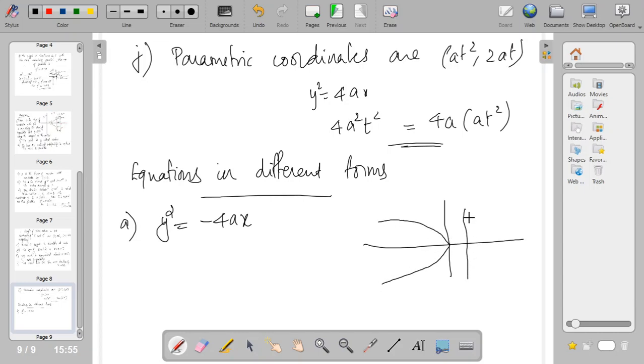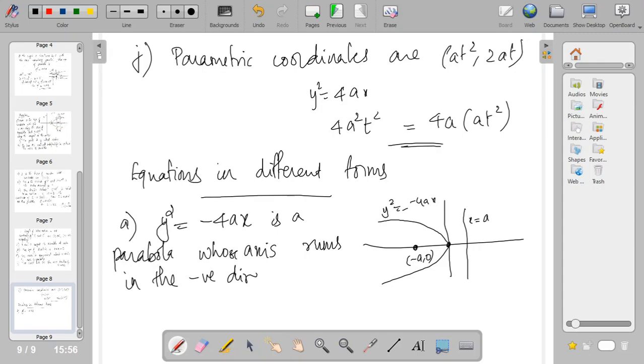But the directrix will be x equal to a, and the focus is minus a, 0. So this is y square equal to minus 4ax. This is the vertex. So the parabola y square equal to minus 4ax is a parabola whose axis runs in the negative direction of the x-axis.